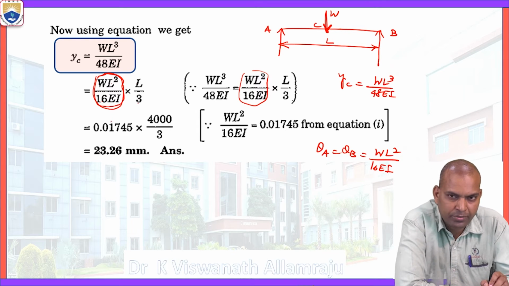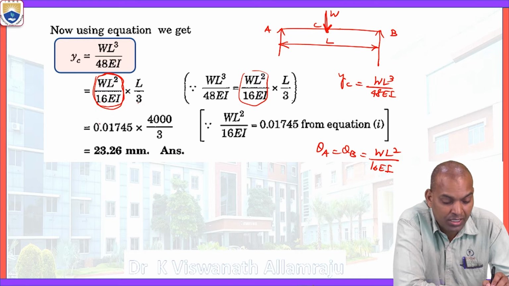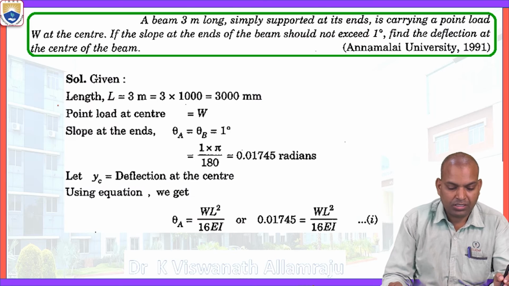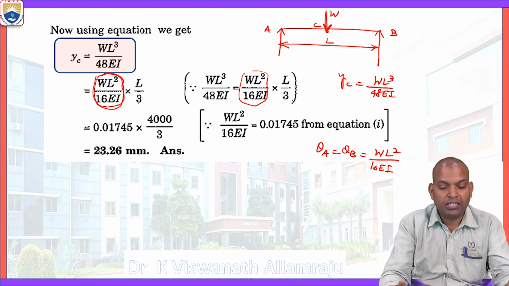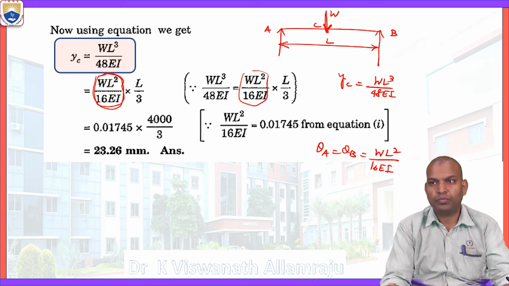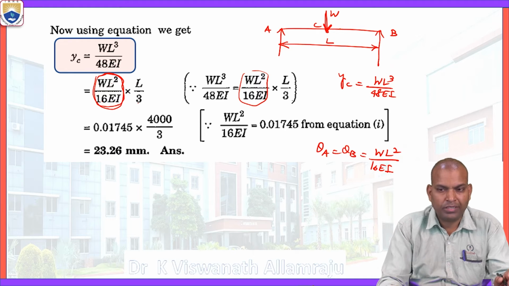In the place of WL square by 16 EI, substitute the value of slope at support A in terms of radians, not degrees.